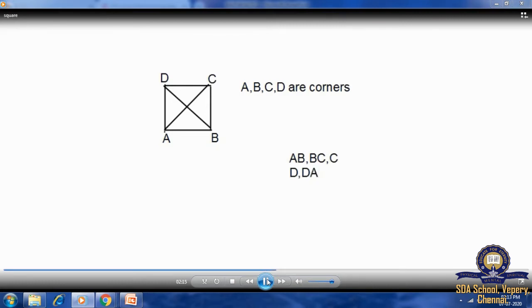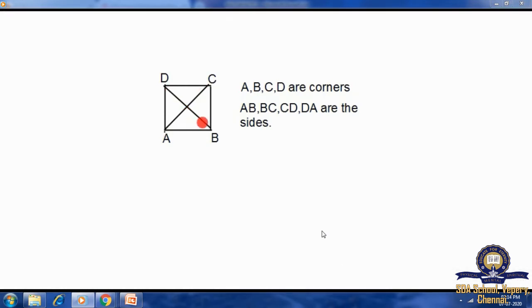There are four sides in a square. There are two diagonals in a square, AC and BD. We are going to name the diagonals.